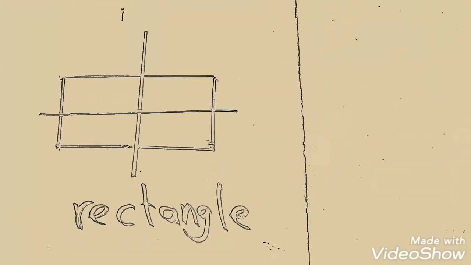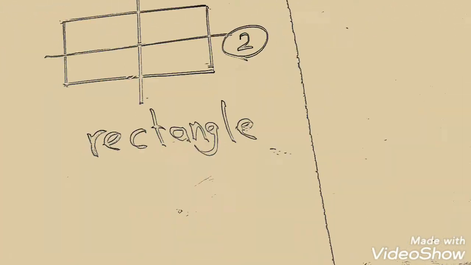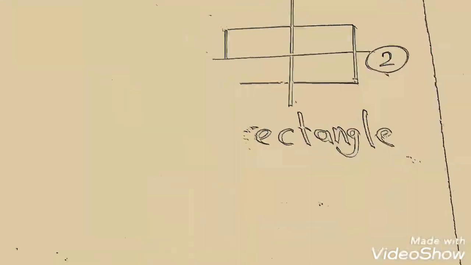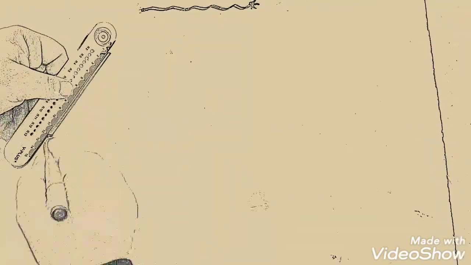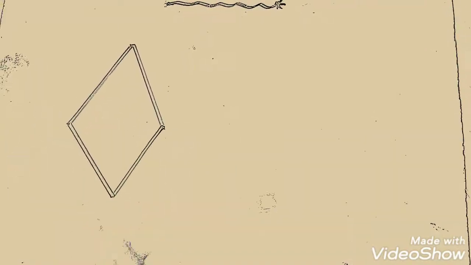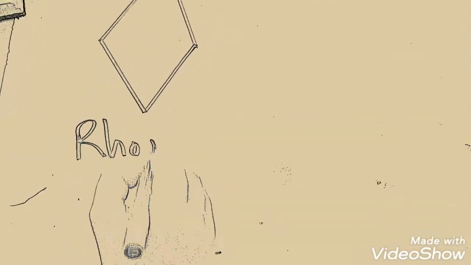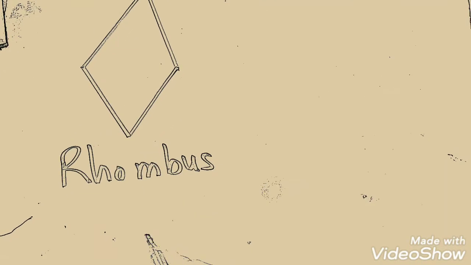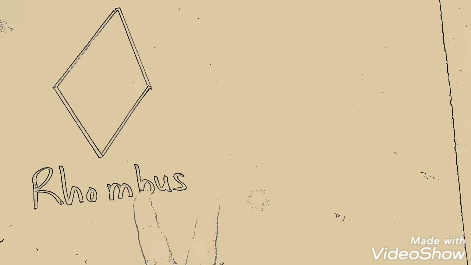Square has 4 lines of symmetry and rectangle has 2 lines of symmetry. Next figure is called rhombus. Rhombus has 2 lines of symmetry, like a rectangle.